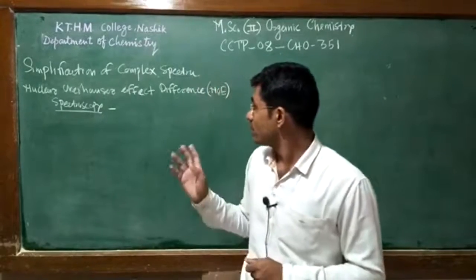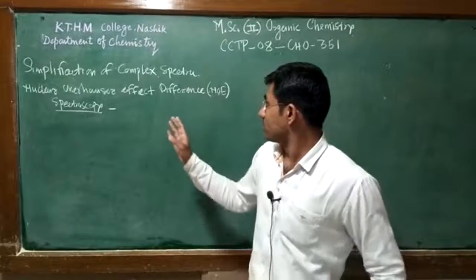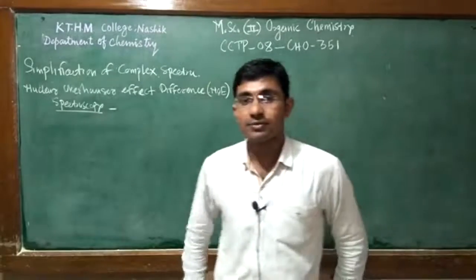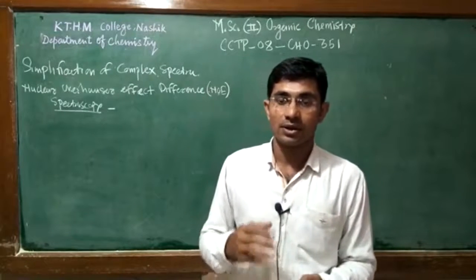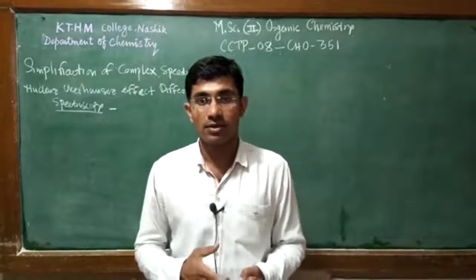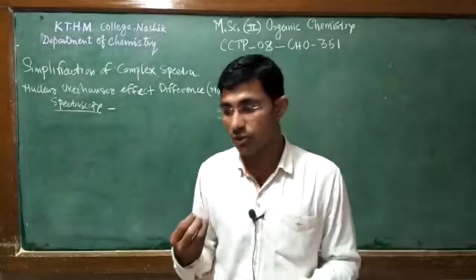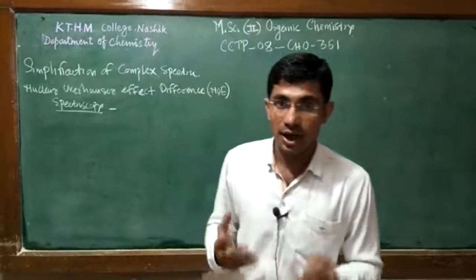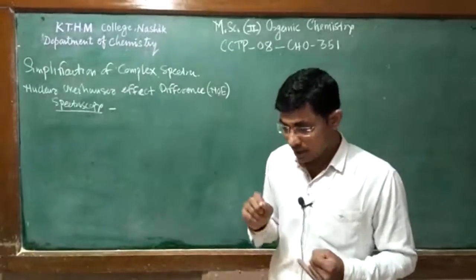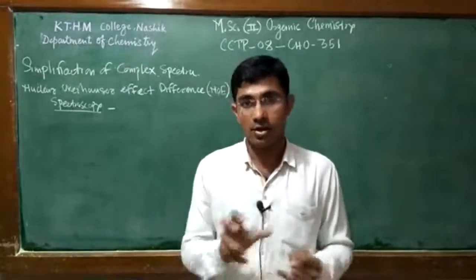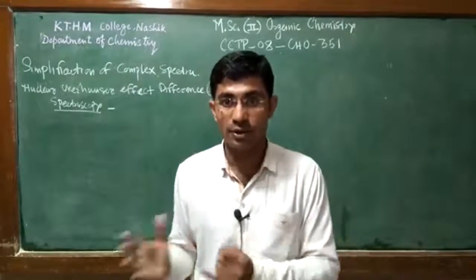With the help of the nuclear Overhauser effect, we can easily distinguish the spatial location of a proton within the molecule. That means whether in an alkene two groups are cis or trans, or whether in a bicyclic system a group is endo or exo.